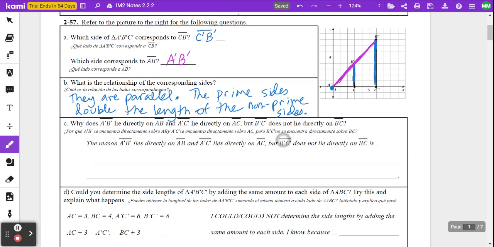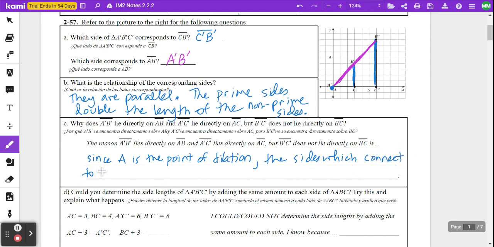Since A is the point of dilation, the two sides which connect to point A overlap with the shapes.